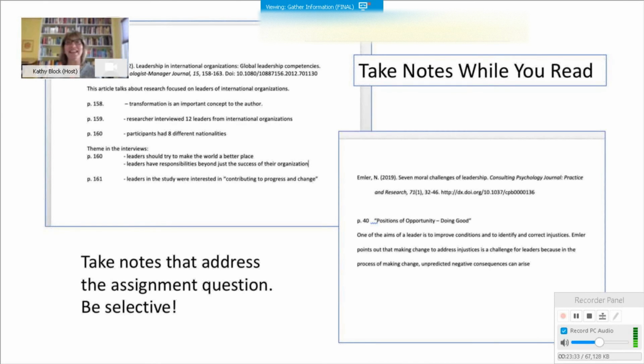Coral, is there anything else coming up in the chat? Yes. Do you have to cite that background information that Vicki was talking about? So it depends on a couple of things. One of the things that I always think about with background information is whether or not you're going to be using that in your assignment.